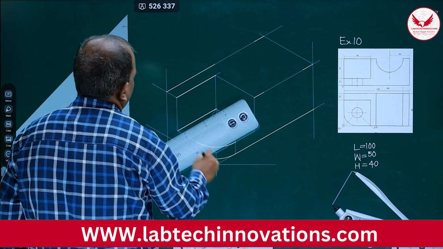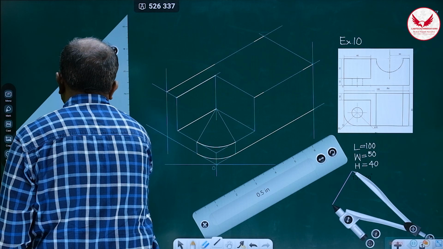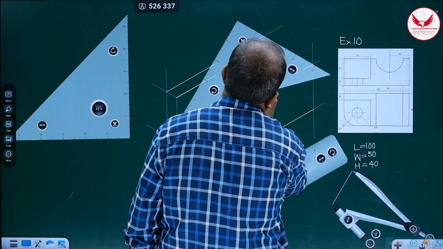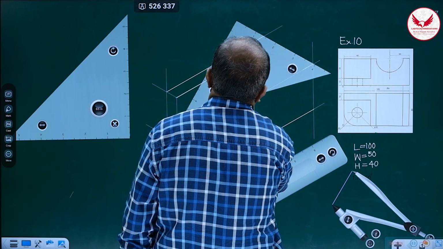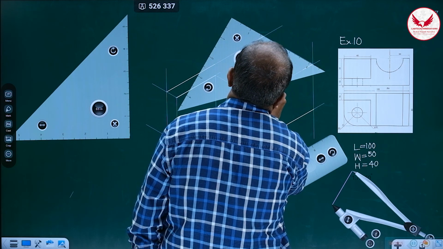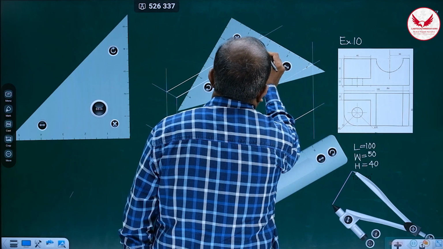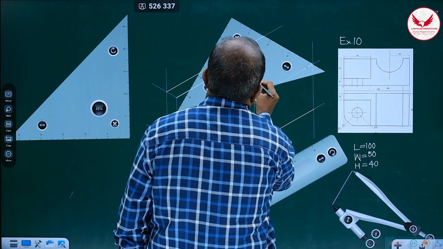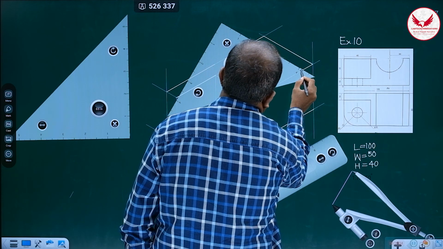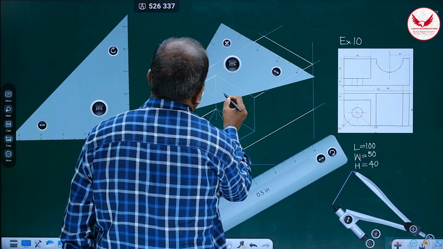Then how can I mark the lines parallel to width? For that, this should be 30-degree inclined. See, in the top view, you can see this is throughout 40. So this distance is 50 overall length. Then again it is 50. So we got it.